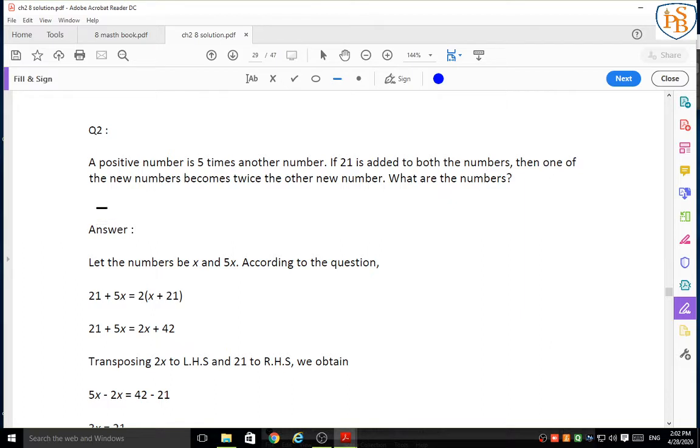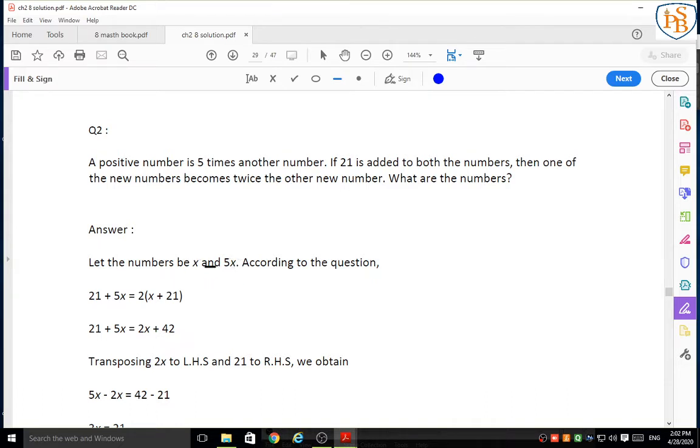Look here carefully. A positive number is 5 times another number. So let the number be x, and the other number is 5x. So according to the condition, 21 is added to both the numbers, 5x plus 21 and x plus 21, then one of the new numbers becomes twice the other. Look here carefully: 5x is already bigger and x is smaller compared to 5x.